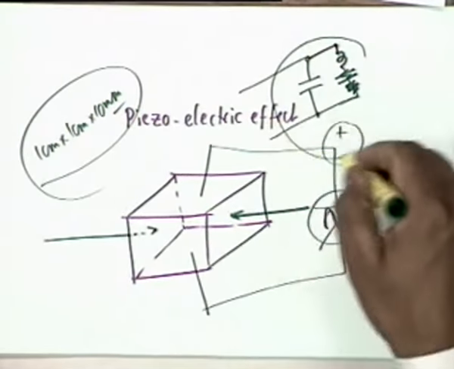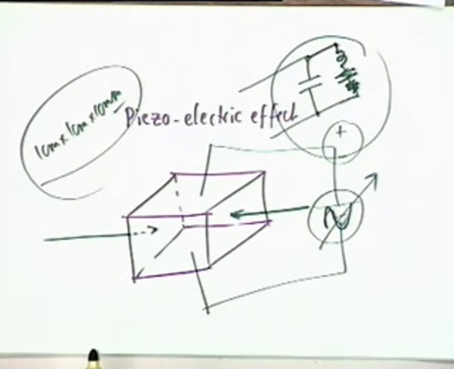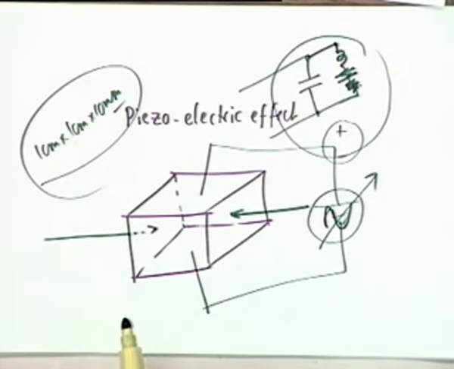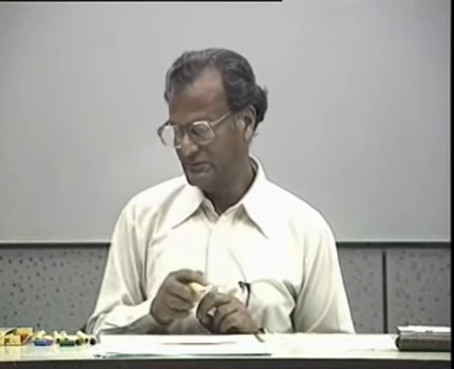This describes the equivalent circuit of a crystal: a capacitance shunted by a series resonant RLC circuit. This R is a very small quantity, and in the analysis, as you will see next time, we shall ignore this R and carry out the analysis. We will continue this tomorrow.